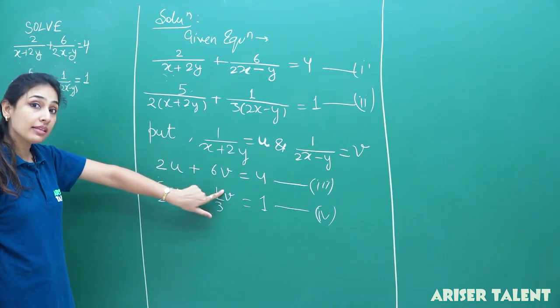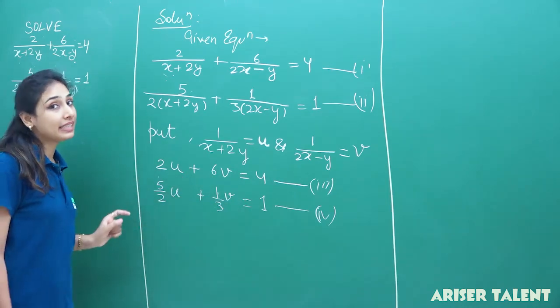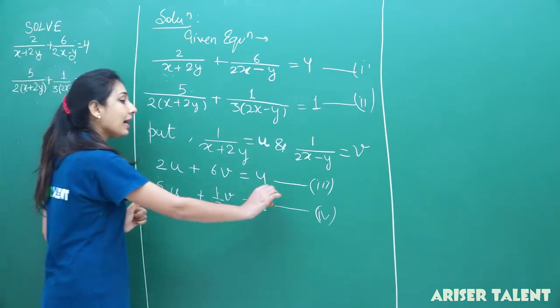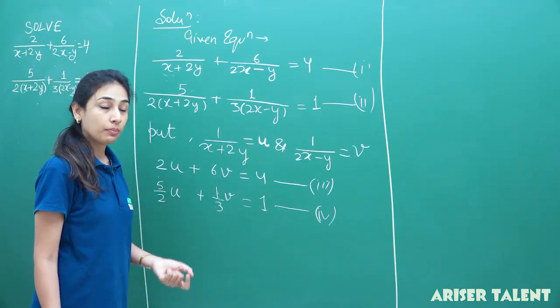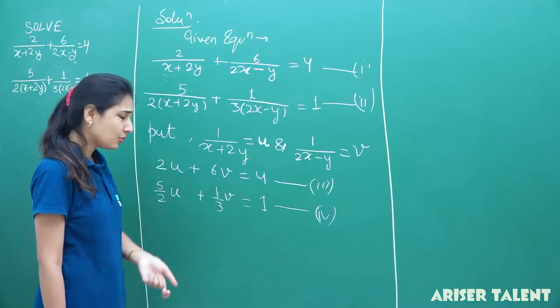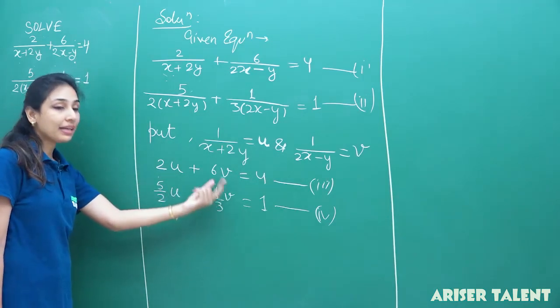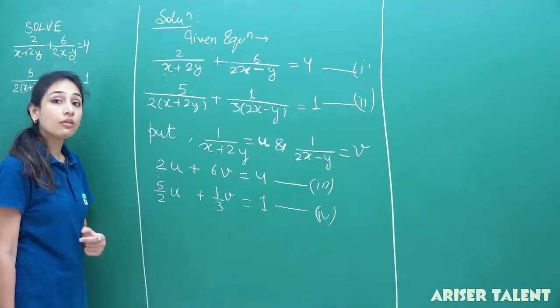So having 18 here, I have to multiply the complete equation by 18, and we have learned that if I multiply the complete equation, both the LHS and RHS are included. So that will become 18 by 3v, which will reduce to 6v, and that's what I want.